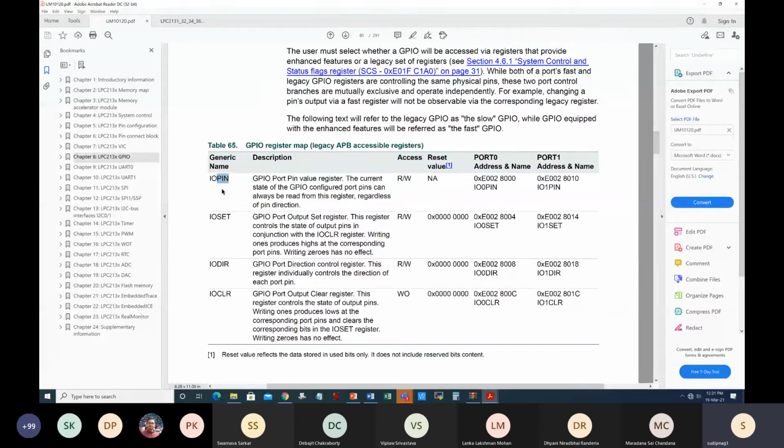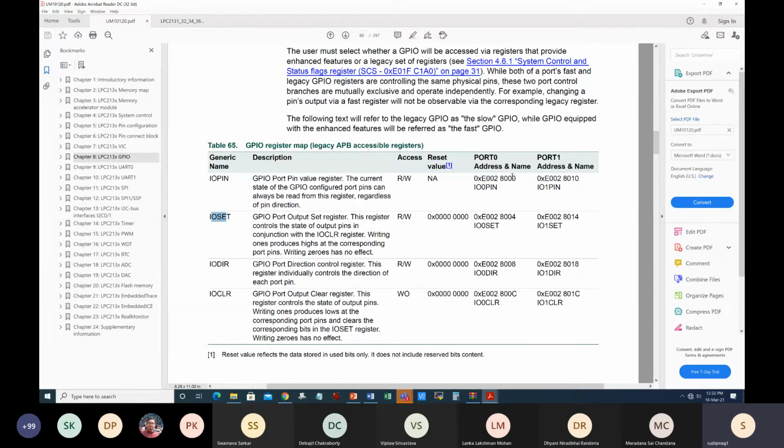What is that value from the outside world? That value is reflected on this pin register, in the bit inside this particular register. Each register is 32-bit wide, so IO pin is 32-bit, IO set is 32-bit, and so on. Each of them has a different address.